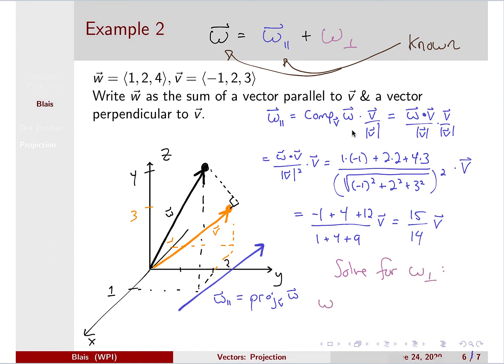So w perp is equal to w minus w parallel that we just solved for, or w, which is 1, 2, 4, minus w parallel, which is 15/14 times v, which was -1, 2, 3.